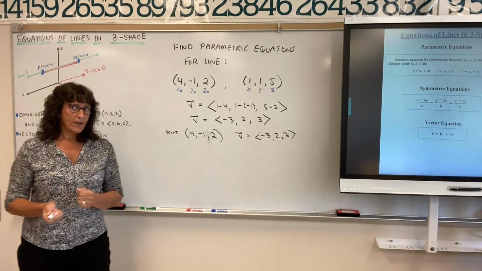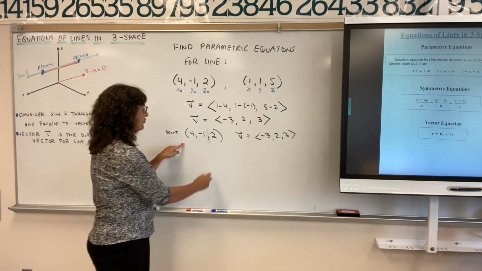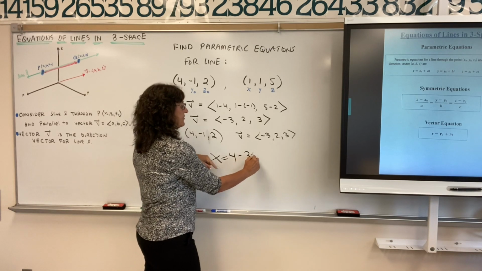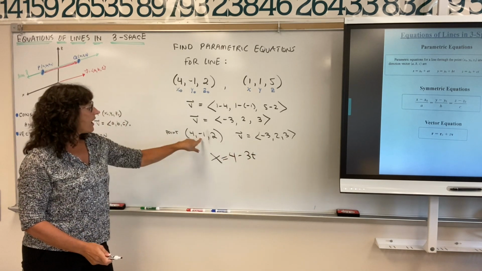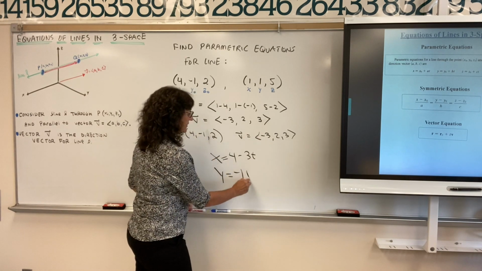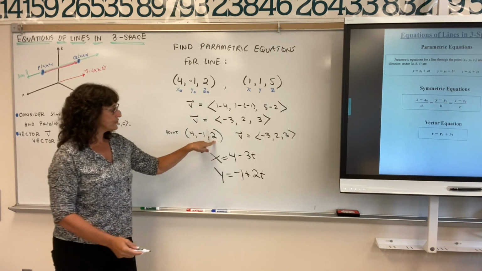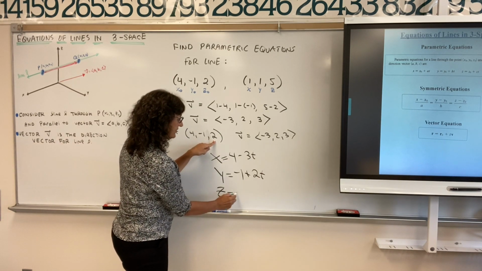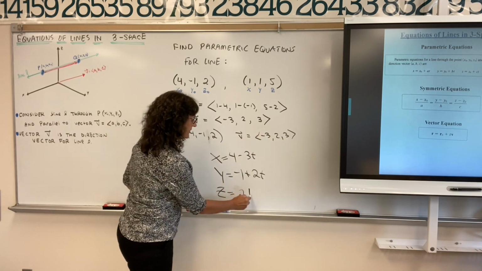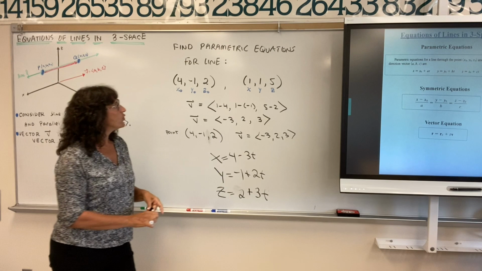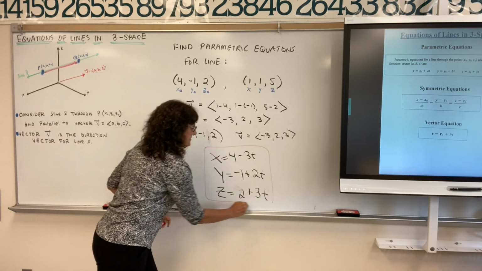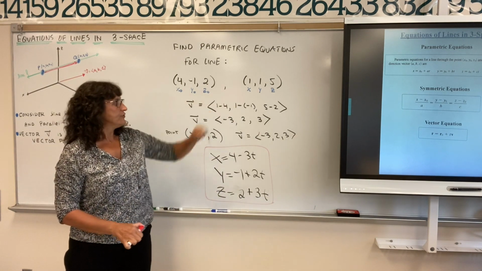So let's go ahead and write the equation in parametric form. X equals our X coordinate, 4, minus 3 times T, the direction in the X. Y equals -1 plus 2 times T. Z equals our point Z sub 0, which is 2, plus 3 times T. So here is the parametric form of the equation of the line in 3 space through these 2 points.